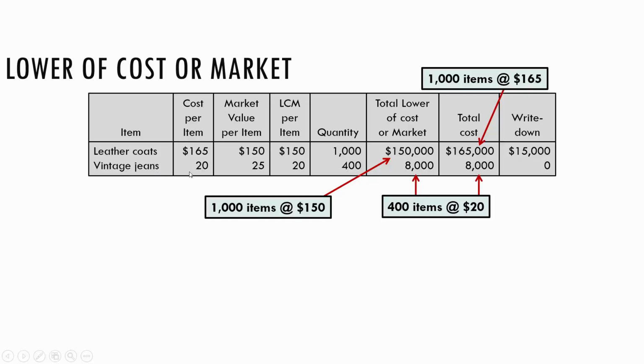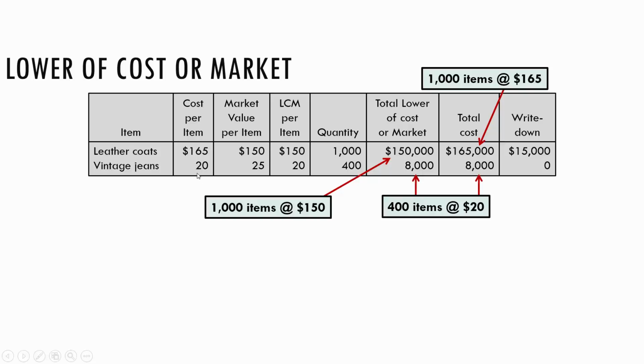With the vintage jeans, we paid $20 per item for them. If we go out and buy today, we would be paying $25 per item for them. We cannot mark up to this current cost. We have to keep it at the cost we paid for it. The lower of cost or market for this item is $20, which is what it is showing up for on our balance sheet.